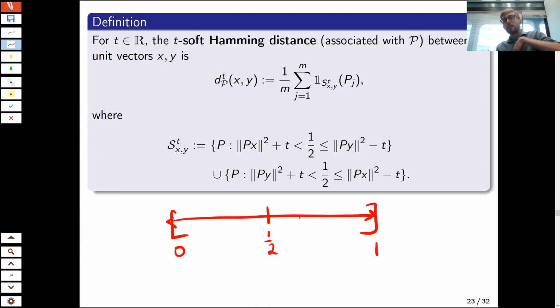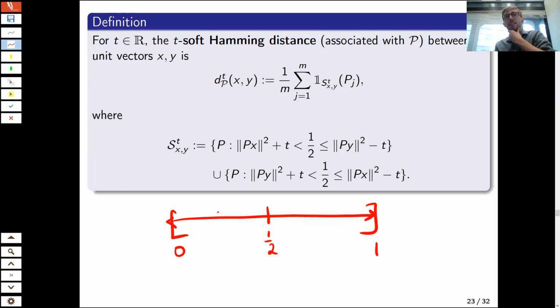If I had a vector x and a vector y, from our 1-bit PEP measurements I could say that they had different measurements if I got a 0 for p sub 1 for x, and I got a 1 for p sub 1 when I measured y.